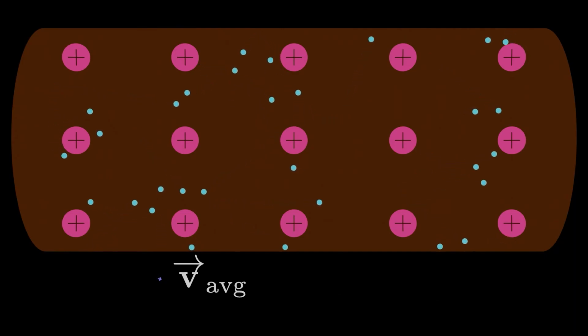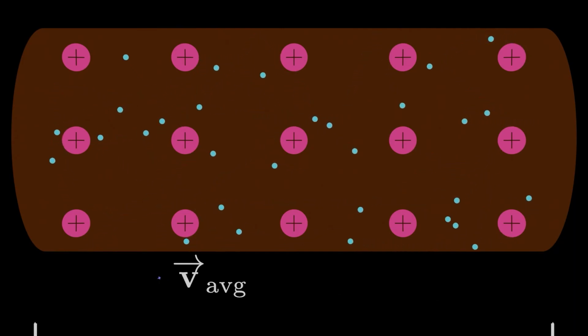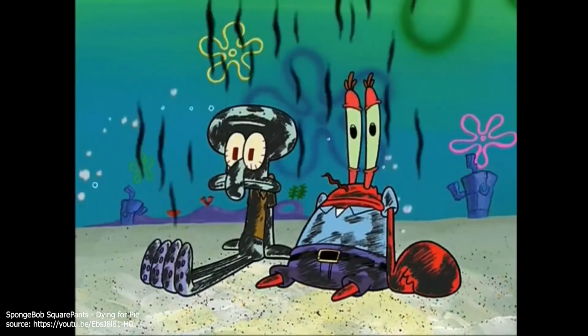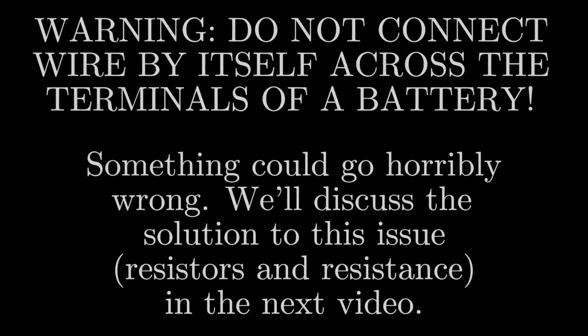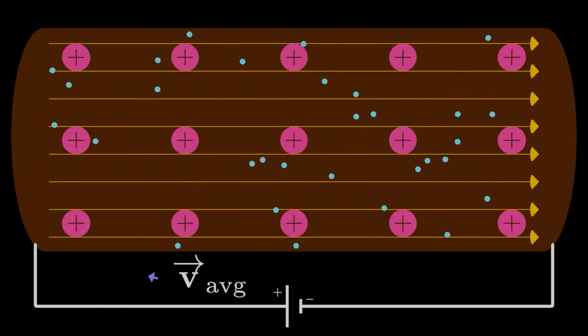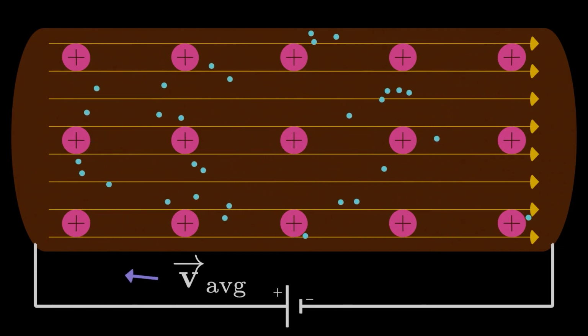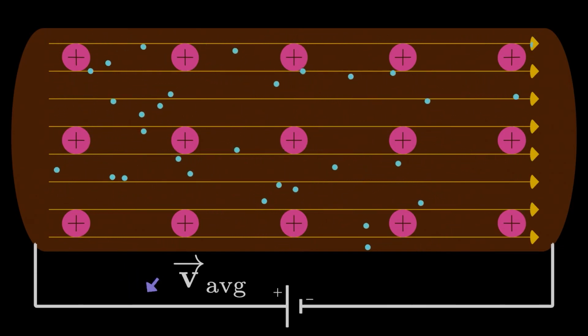But once we have electric current in the wire, like maybe we connect this wire across a battery, the battery has a potential difference between its terminals, which create an electric field in the wire.